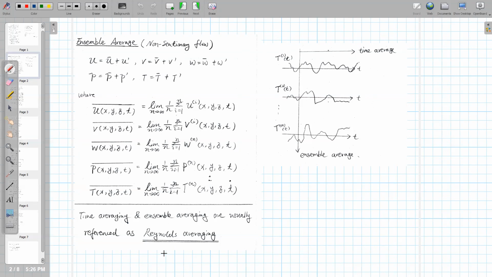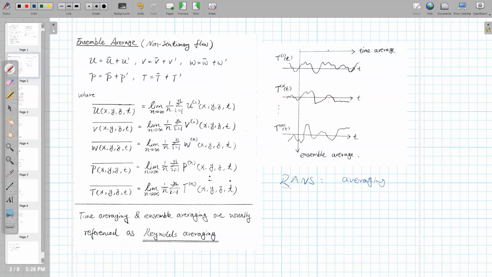There are some more things we can talk about regarding averaging. This Reynolds averaging is usually used only for the RANS method.